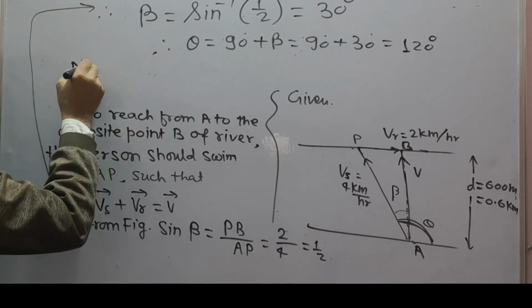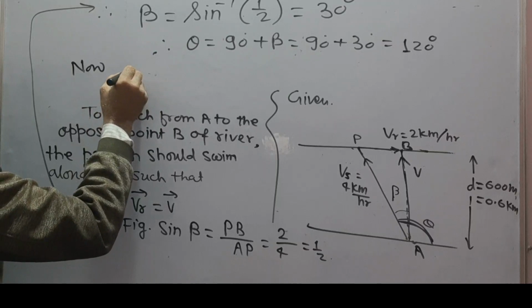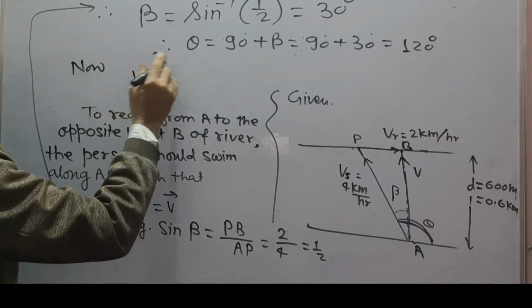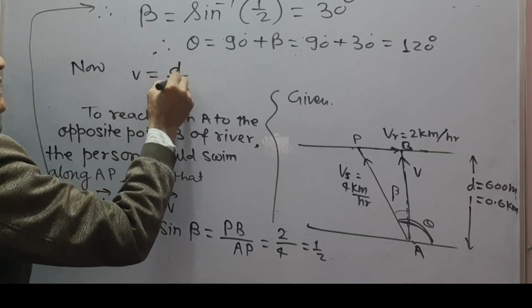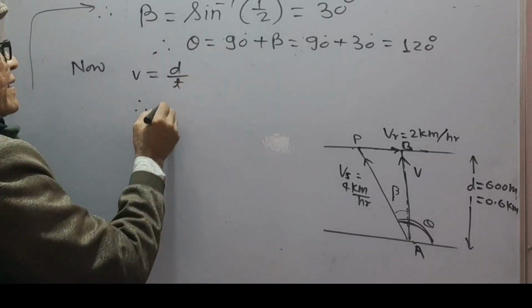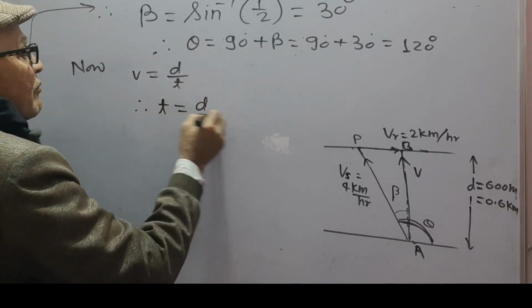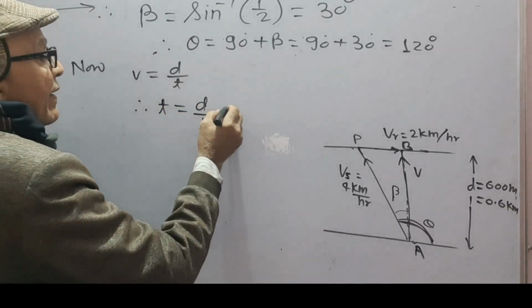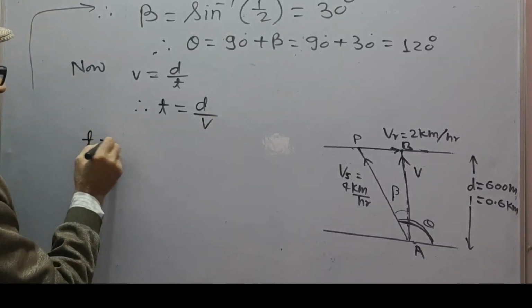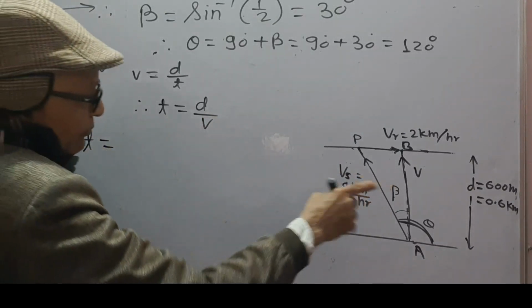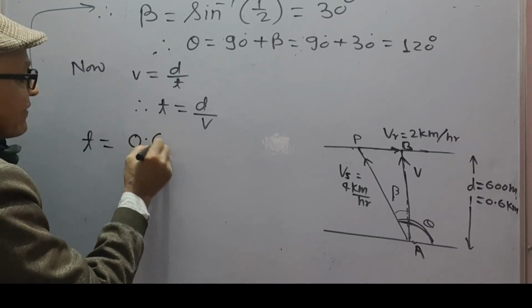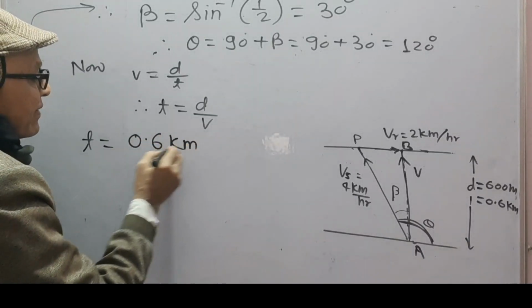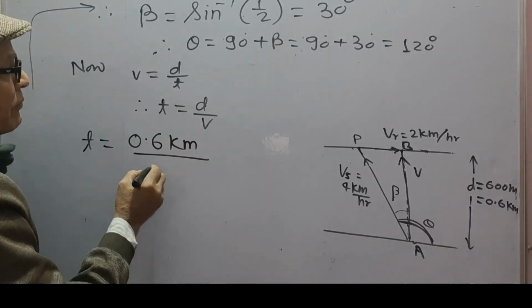Now, V is equal to d upon t. Therefore, t will be equal to d by v. T will be equal to d is 0.6 kilometer upon v.